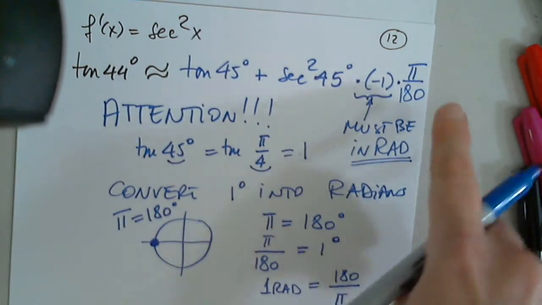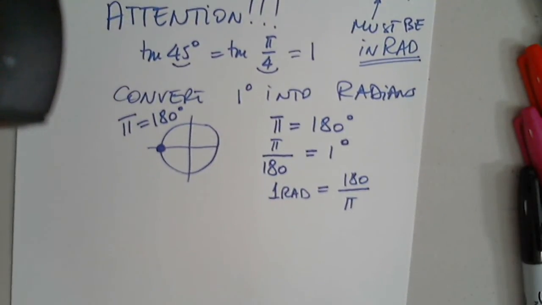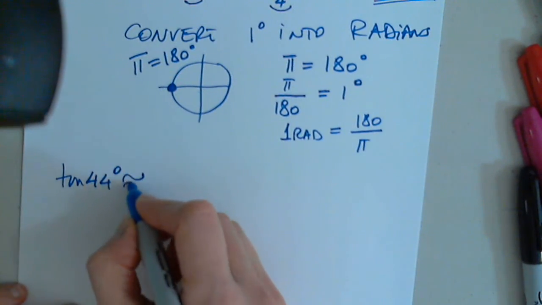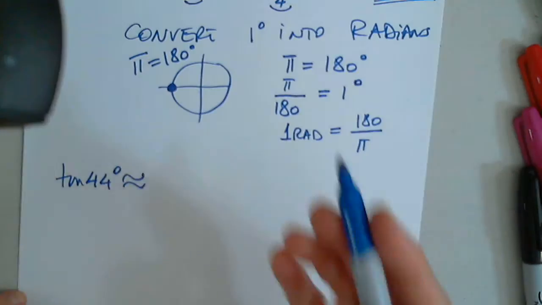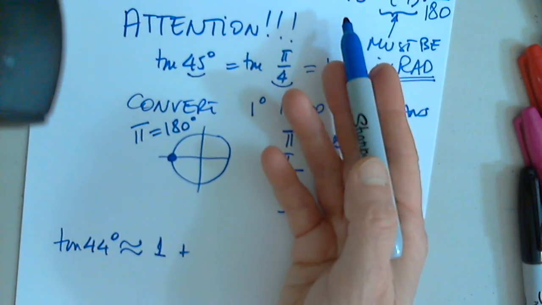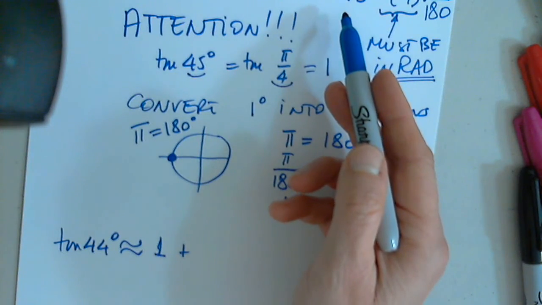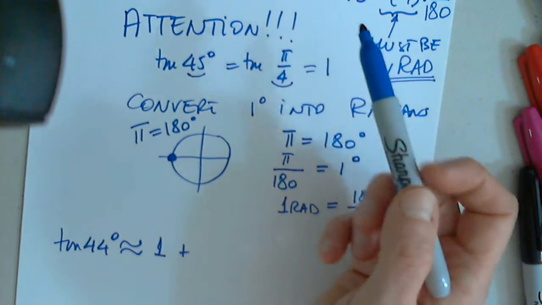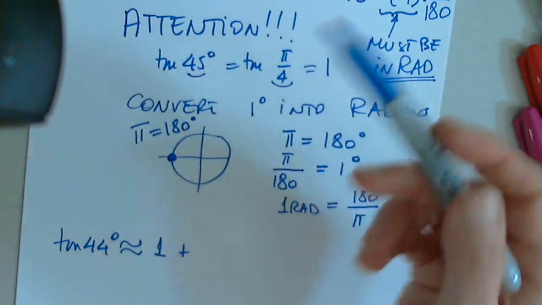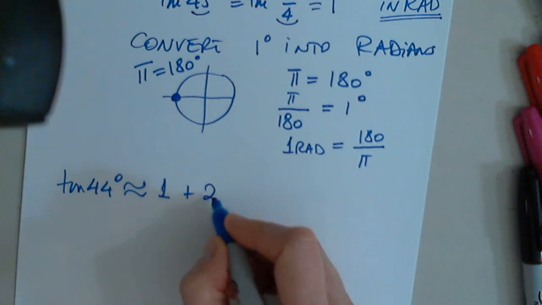Okay, I'm going to write this again because I cannot even put the equal symbol there and circle it or do something with it. So then tangent 44 degrees. You don't have to write it one more time, but I wrote so much in between. So it's 1 plus, remember secant is 1 over cosine. So 1 over cosine is 1 over the square root of 2, and then flipped is the square root of 2, squared is 2.